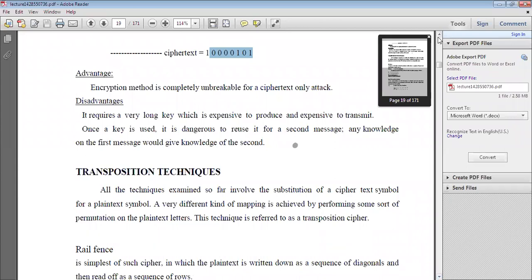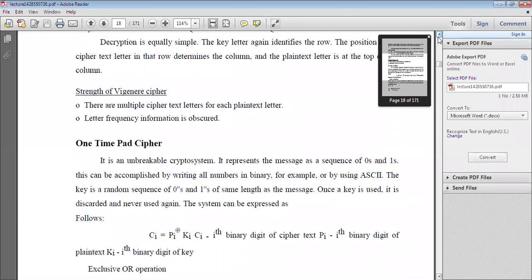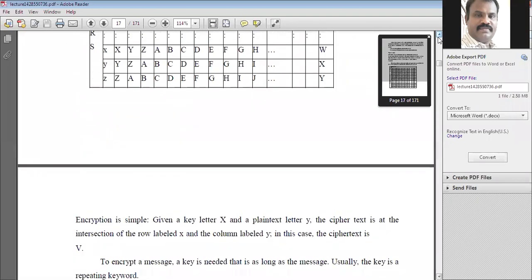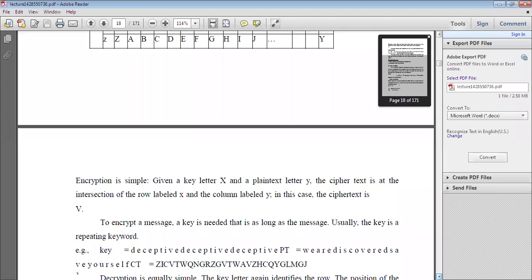Substitution techniques means replacing one character with another character, using the Caesar cipher, Playfair cipher, Vigenere cipher or one-time pad cipher. These are the techniques used in substitution. In the next class, we'll continue with the transposition techniques. Transposition techniques means altering the plain text.